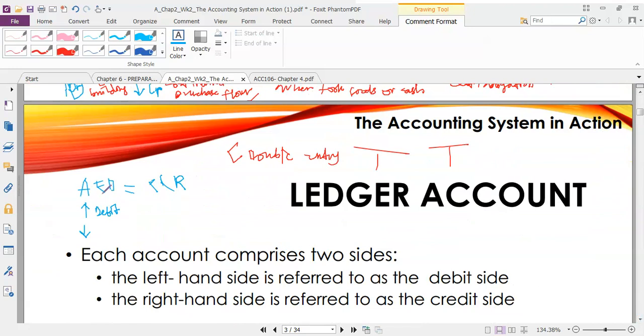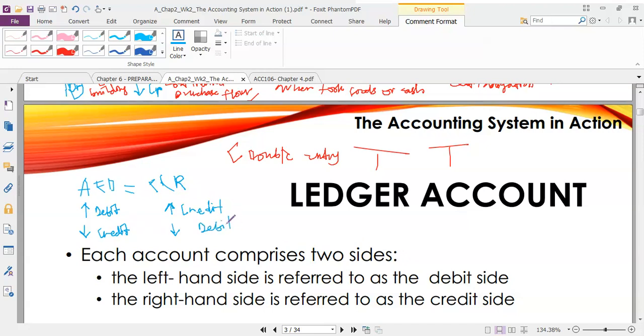Decreasing for asset, expenses and drawing, we put in credit side. But for capital, liability and revenue, if increase the amount, we must put in credit. You must remember this. And then if decrease, we must put in debit side.